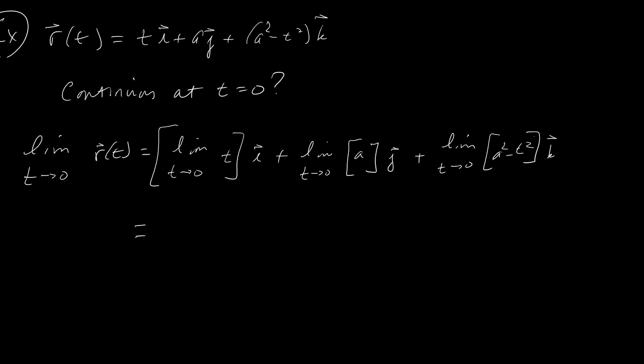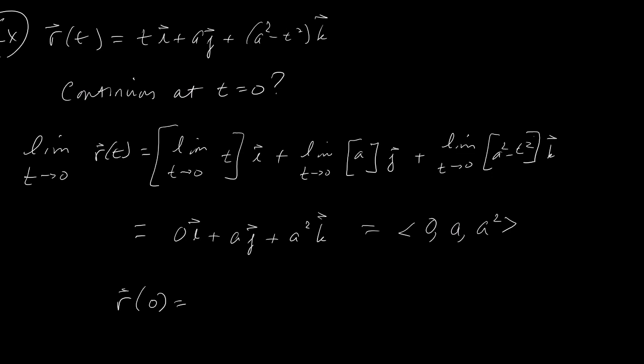So that is going to be 0i plus aj plus a squared k. I'll write that in component form for ease of looking at it. Okay, so that's the limit. Now we have to see, is that limit equal to r of 0? We're taking the limit as we go to 0.